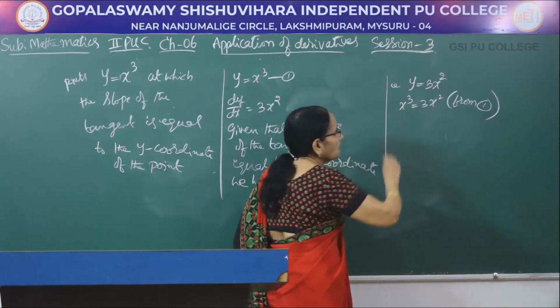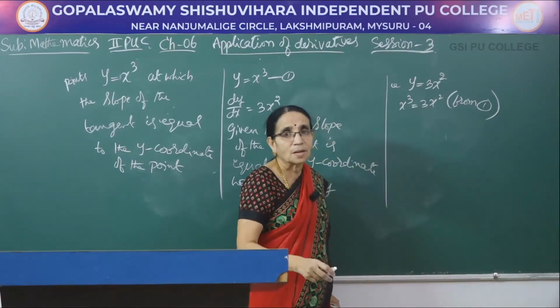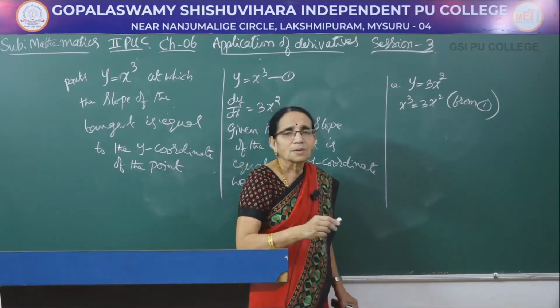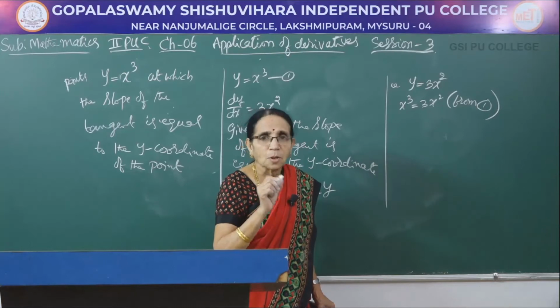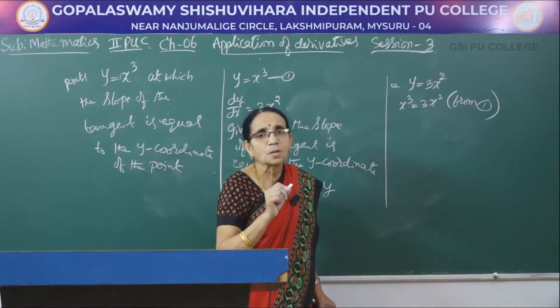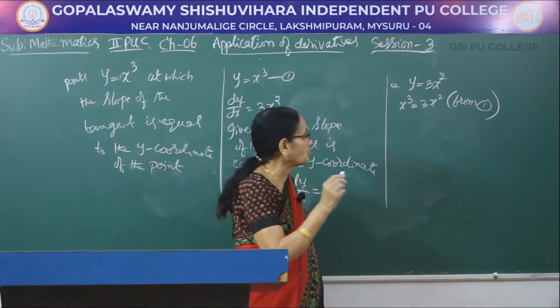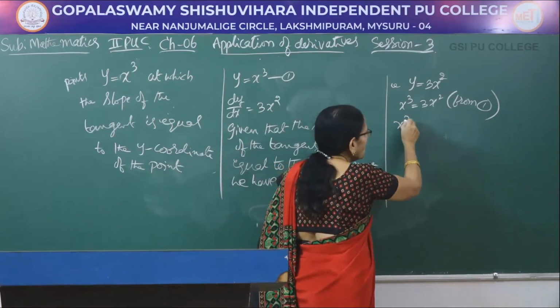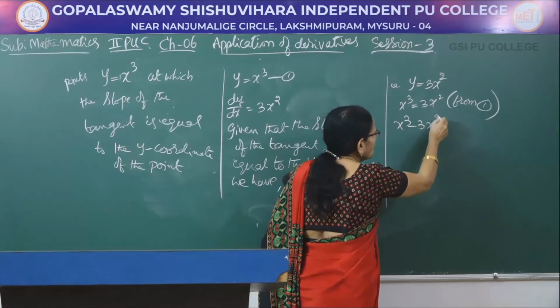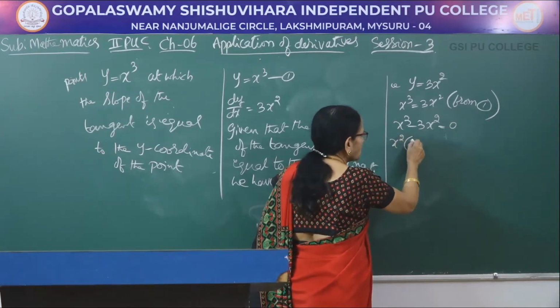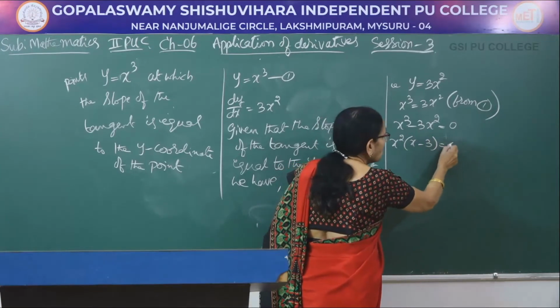Now don't cancel x square here. That is our tendency. Wherever we have a common factor, we cancel. That cancellation can be done when you are simplifying, but when you are getting the roots of an equation, if you cancel, one root would be lost. Therefore, don't do that. Take both the terms to the same side: x cube minus 3x square equal to 0. Now take out the common factor. In other words, I am factorizing.